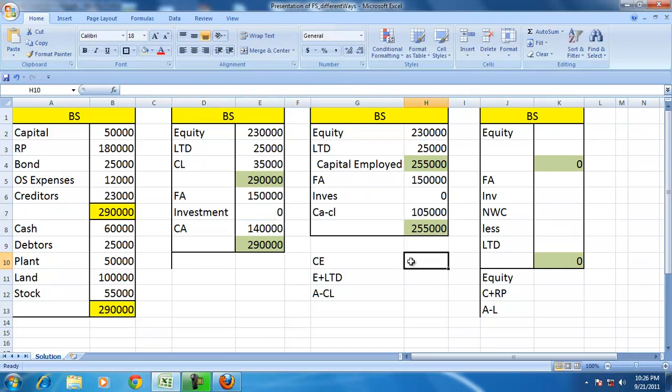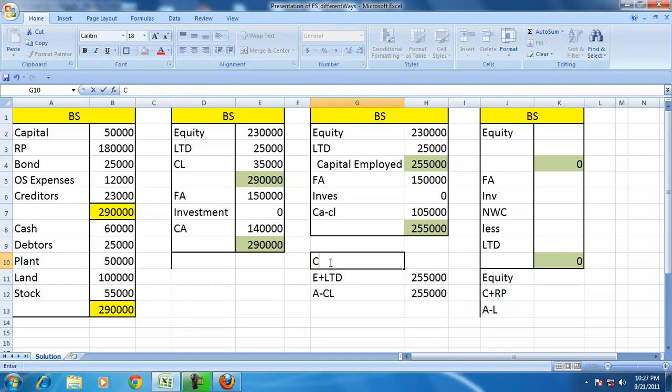So capital employed of a business can be calculated by adding the capital, retained profits, and the bonds, or capital employed can also be calculated as total assets minus the current liability. So total assets minus current liability.